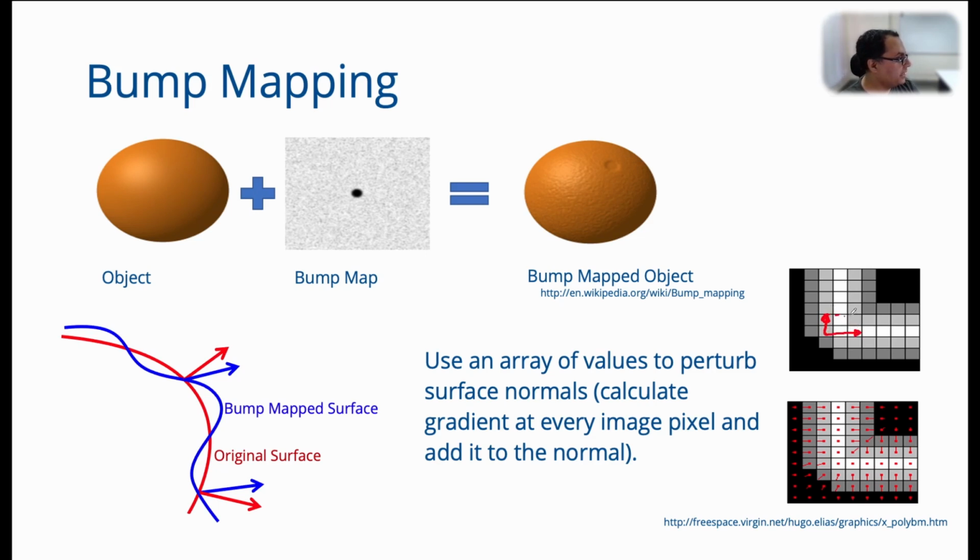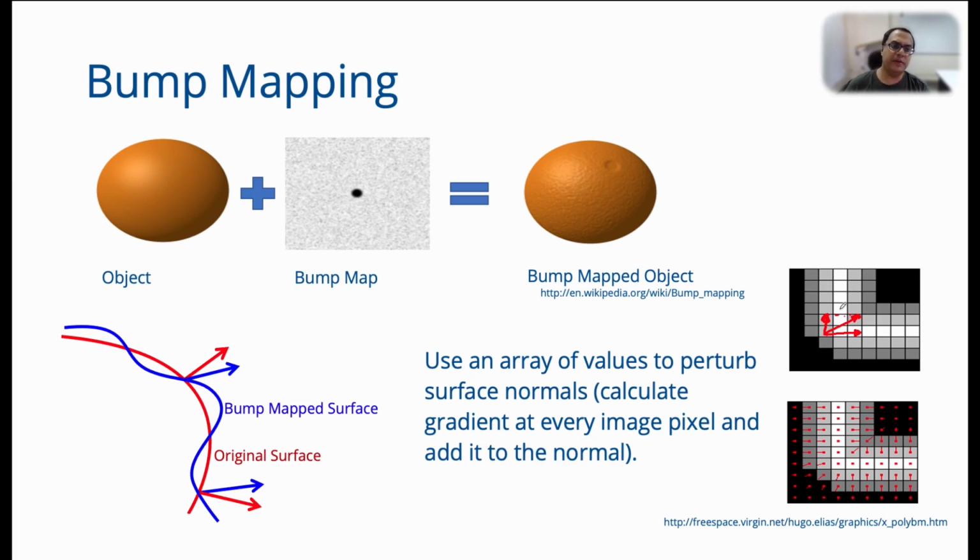So the resultant gradient at this point might be this vector, right? This is the perturbation that you have encoded at this pixel. Okay, so this perturbation is what is applied when you are applying a bump map.